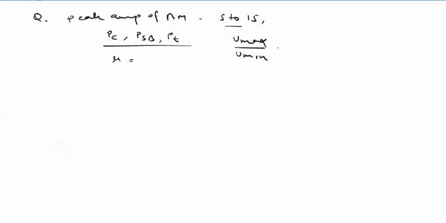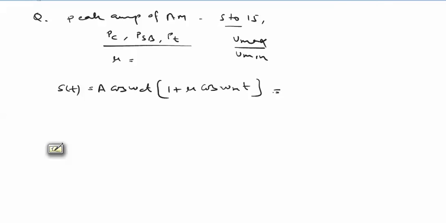These terms are given to us. Vmax from our basic expression A cos omega ct. Our peak amplitude from expression is 1 plus mu, 1 minus mu.